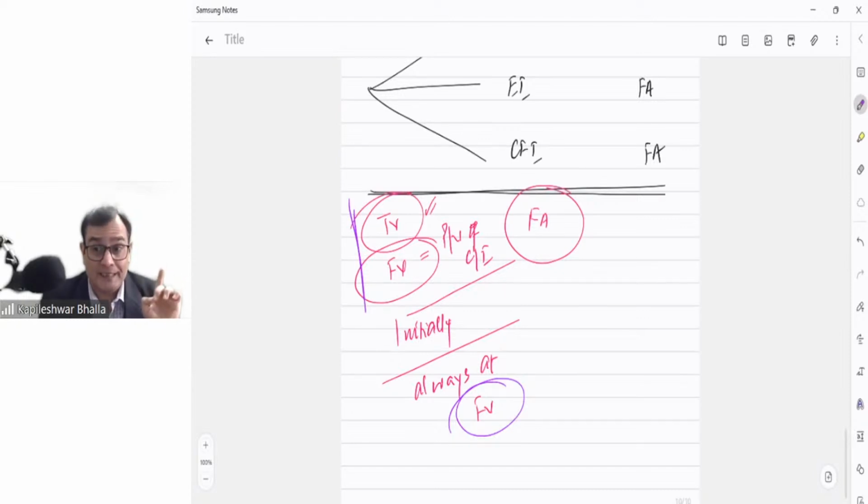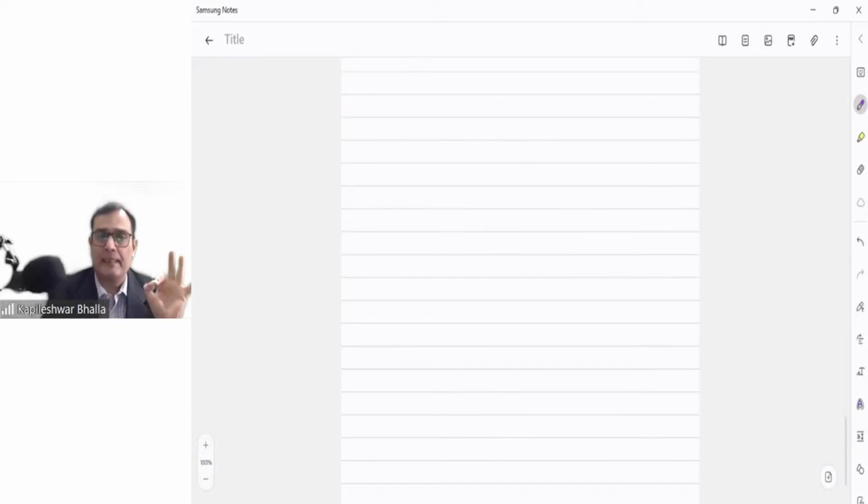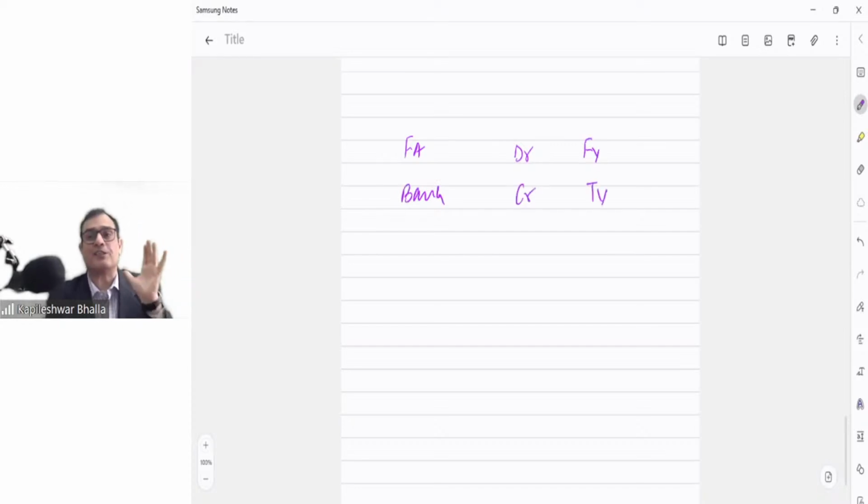To make it very clear, am I indirectly saying that if you were to make an investment, then the financial asset should be given a debit at a fair value? Yes. And the money which you invested, the bank should be given a credit at a transaction value? Yes.